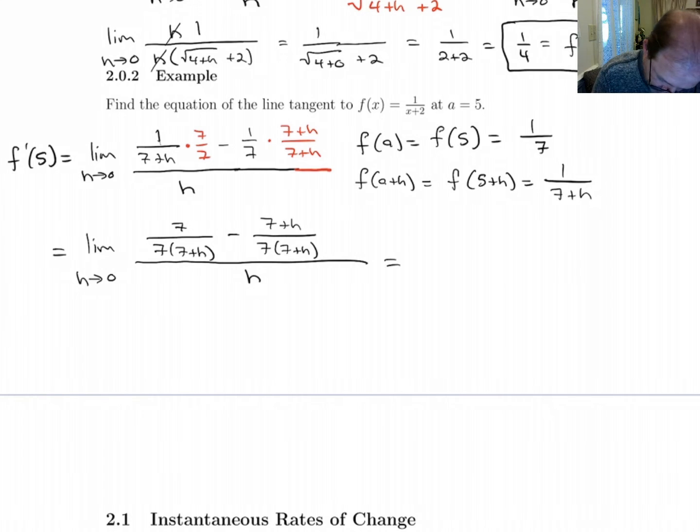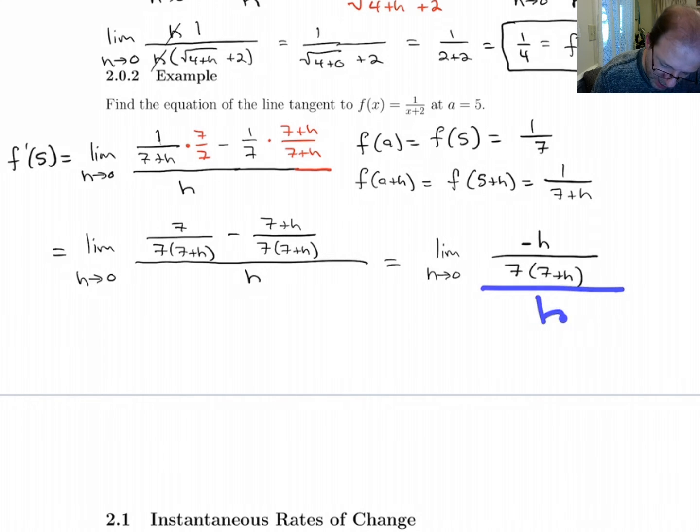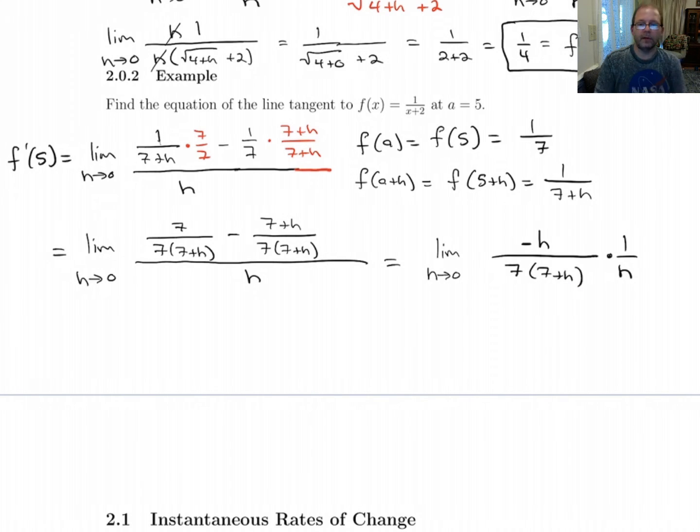All right, so up top, I've got 7 minus 7 plus h, so 7 minus 7 cancels. I'm left with minus h. And all of this stuff is divided by h, but instead of writing it out like that, I'm going to just multiply by 1 over h. That's equivalent.